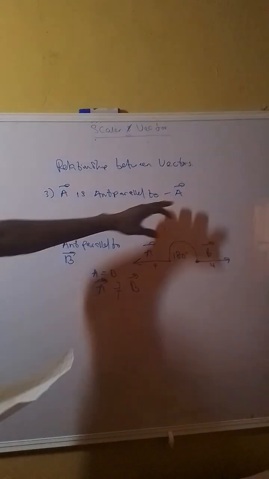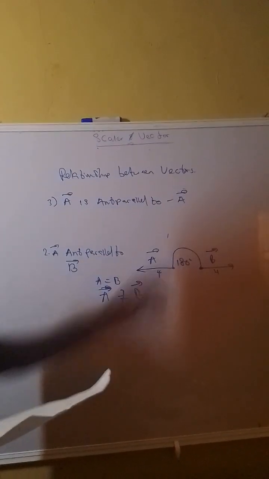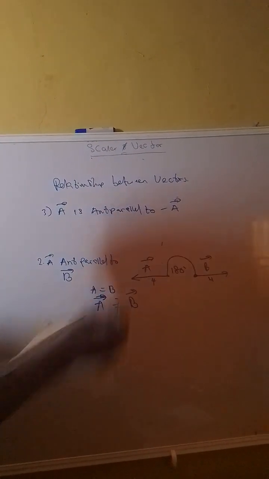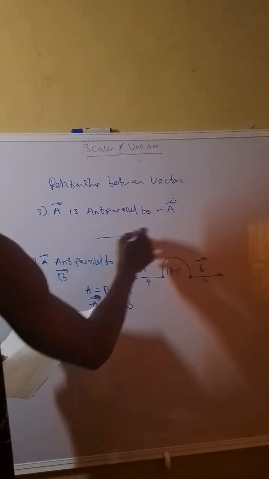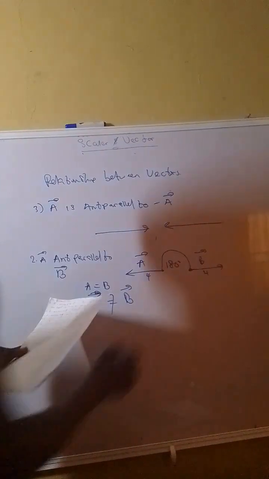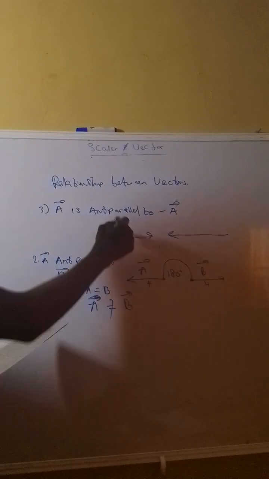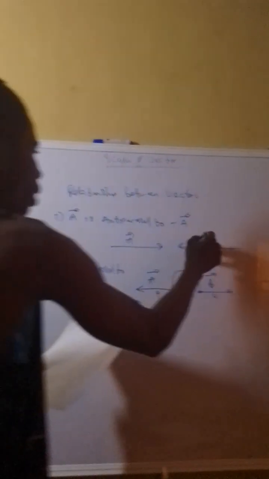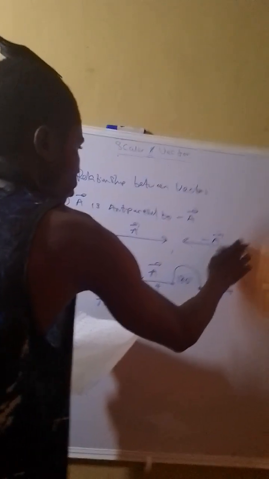You have two vectors of the same thing, A, which is anti-parallel to negative A. You know that it is opposite direction automatically. This moving like this, while this coming like this. Are you with me? So therefore you have your vector A and you have your negative vector A.